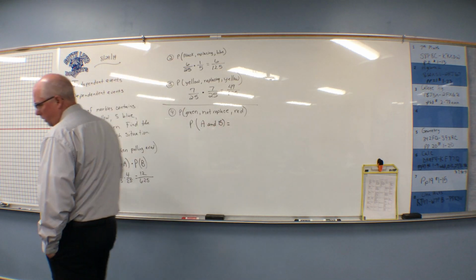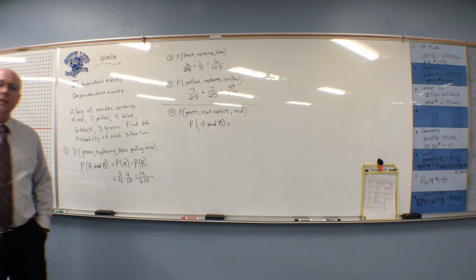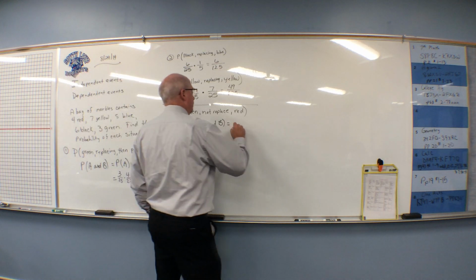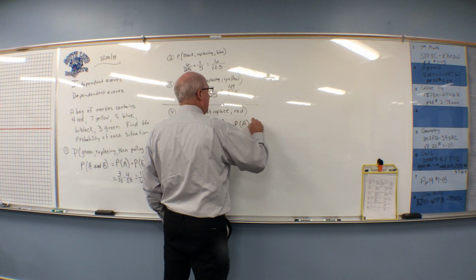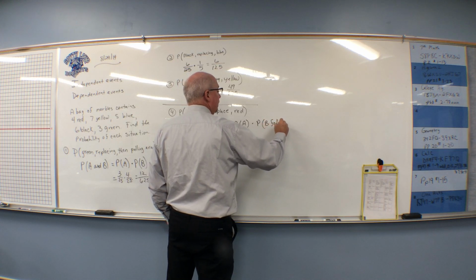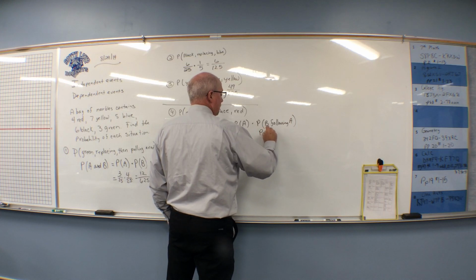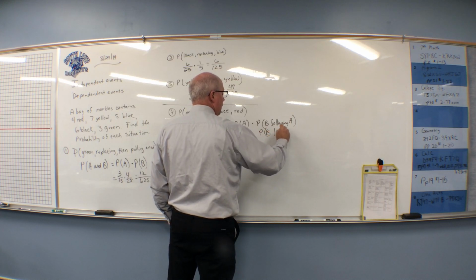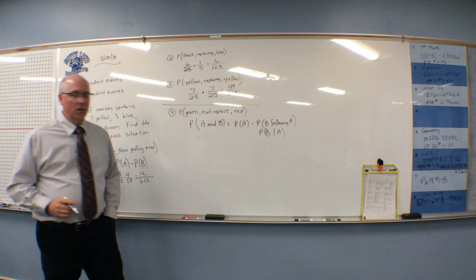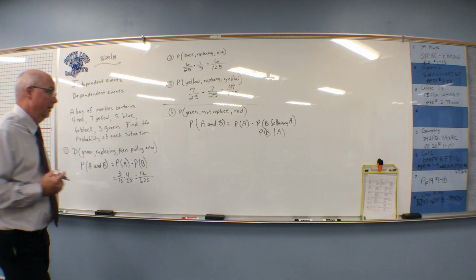Equals, and this book writes a little different than my last book: the probability of A times the probability of B following A. They put a line like this, which means the same thing, okay? So it's the same thing, only we just have to take out a different number.